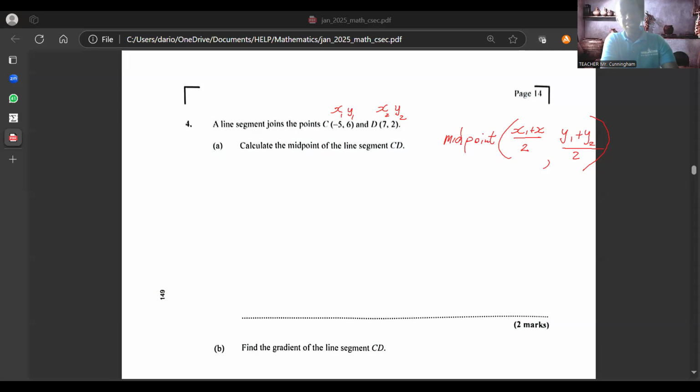Or use a calculator. People, it's time that you start purchasing a good calculator that you're going to use next year. Because by January next year, you are supposed to be ready for CXC.